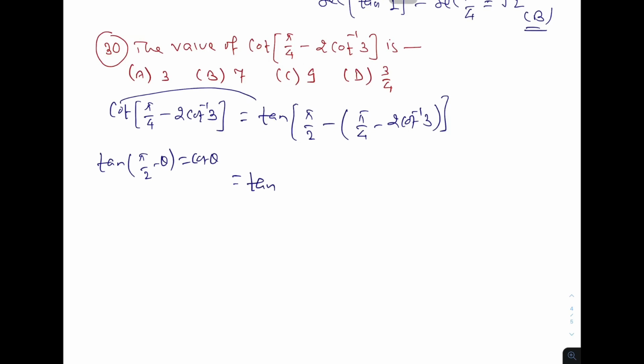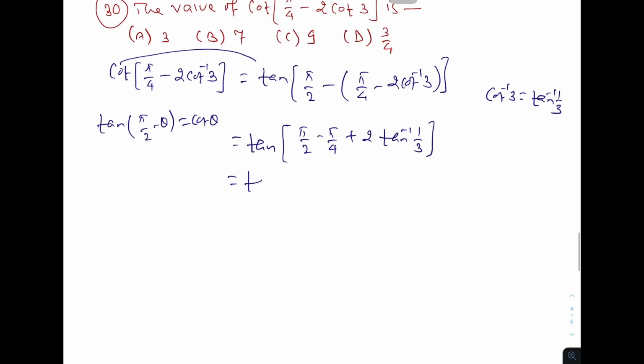So this is equal to tan of pi by 2 minus pi by 4 plus 2, now cot inverse 3 we can write as tan inverse 1 by 3. So tan inverse 1 by 3. So this is equal to tan of, now pi by 2 minus pi by 4, so it is pi by 4 plus 2 tan inverse 1 by 3.